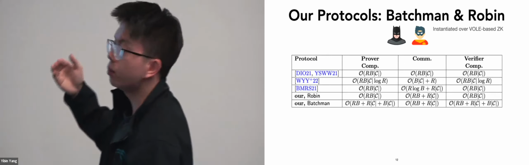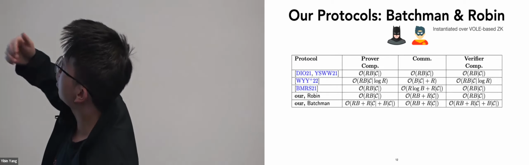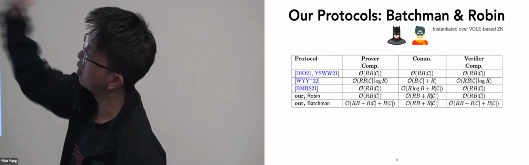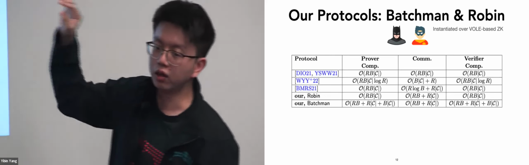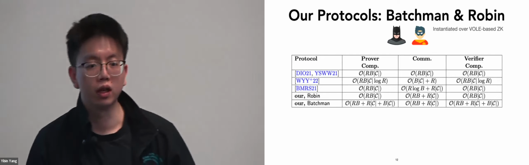This is somewhat surprising, but what I'm going to say is informal. What I'm trying to argue here is that if you view this Batchman complexity, the computation and the communication are all sublinear in the circuit size, sublinear in order R times B times C.